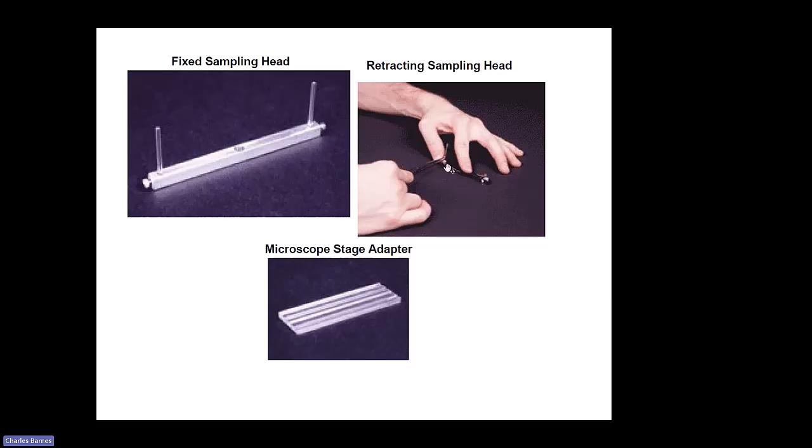Some of them have a retracting head where the rods are placed in a little device that pulls them back into a protected area when they're not spinning. But basically, you take these rods out, you put them on an adapter, you put a stain on it, you put a cover slip on that, and you count, generally running the microscope right down the middle, the number of pollen you have collected.